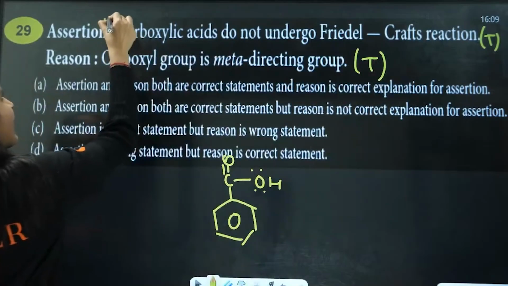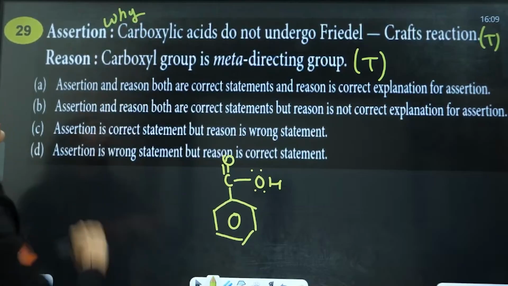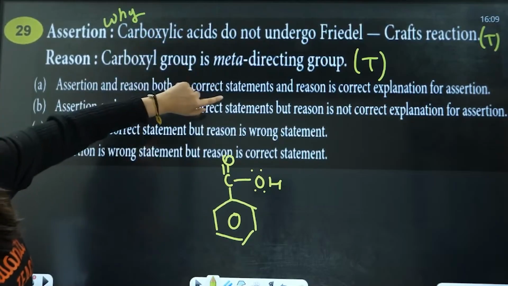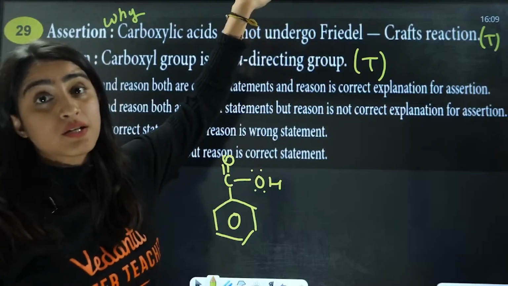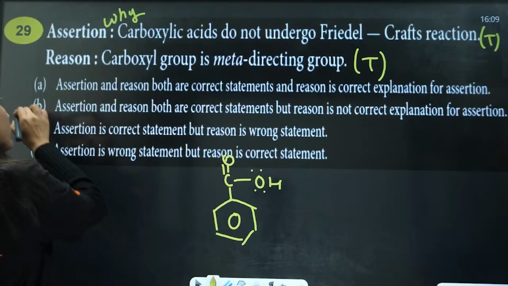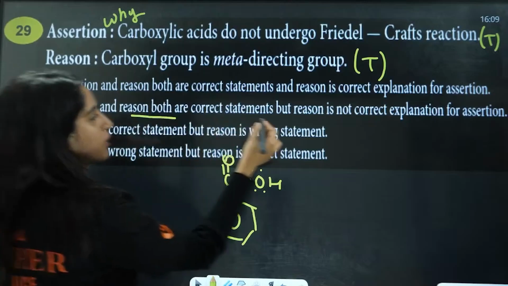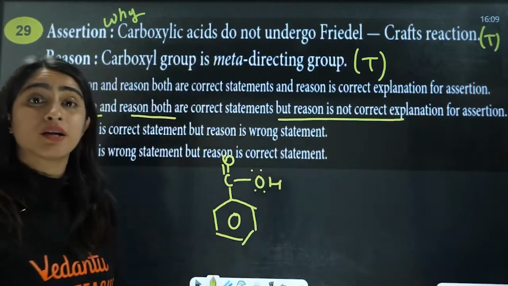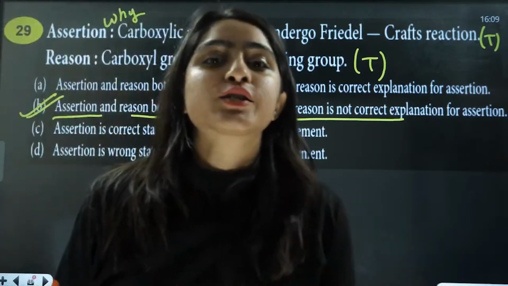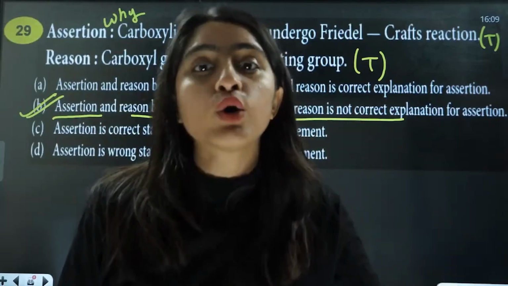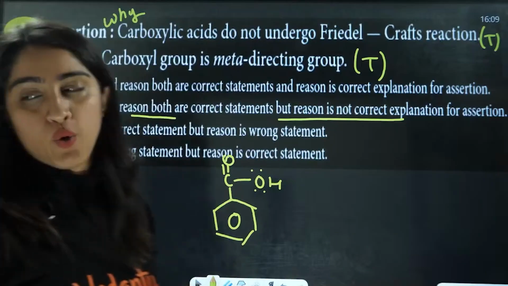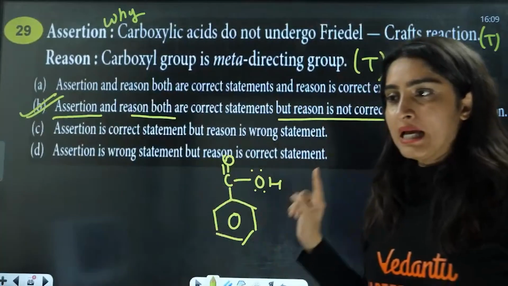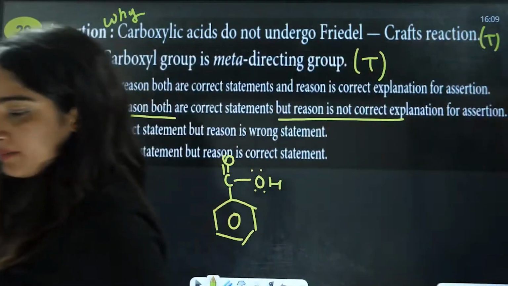But if you ask why, this is not the correct reason. The statement is true, but this is not the reason for this assertion. So we will say both assertion and reason are true, but the reason is not the correct explanation. It is not in support of the assertion. Okay, so the answer here is going to be B. Right? Okay, everyone.